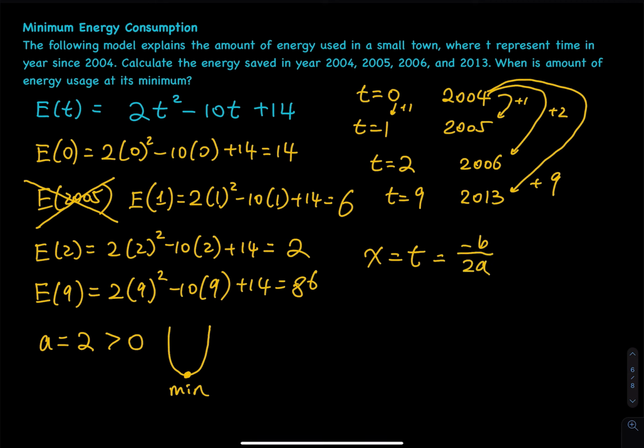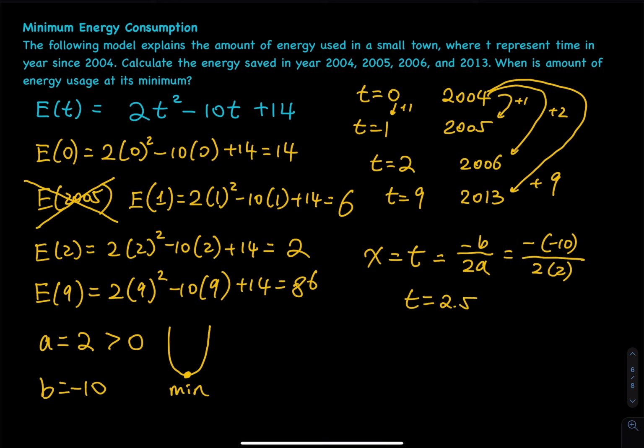What is b? b is negative 10. And c is the constant 14. So we have negative negative 10 divided by 2 times 2. Overall, we have 10 divided by 4, so t equals 2.5.